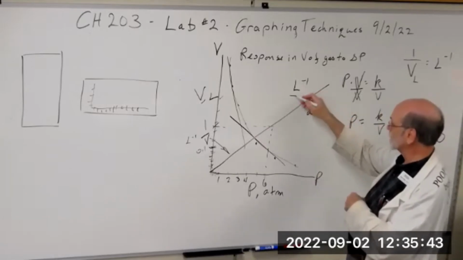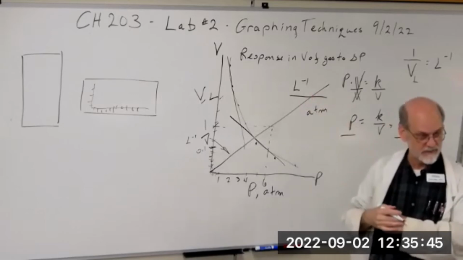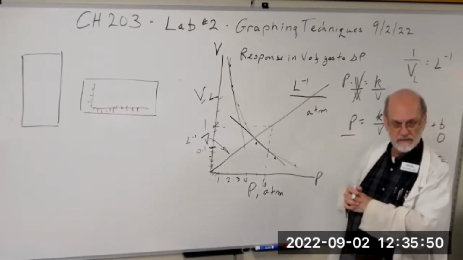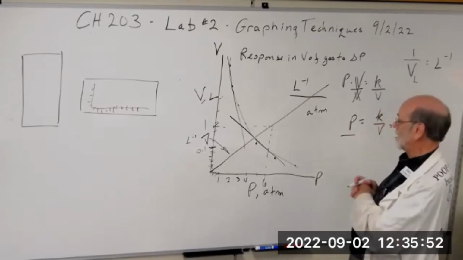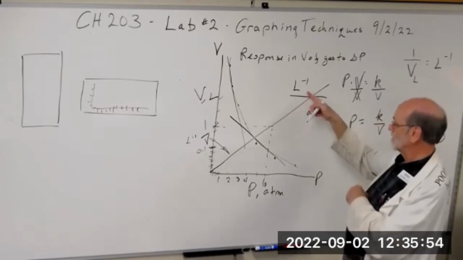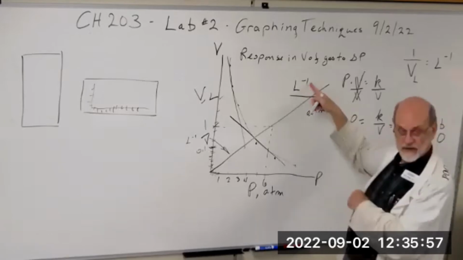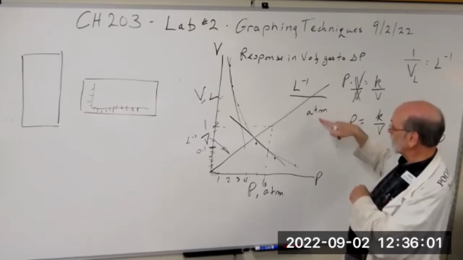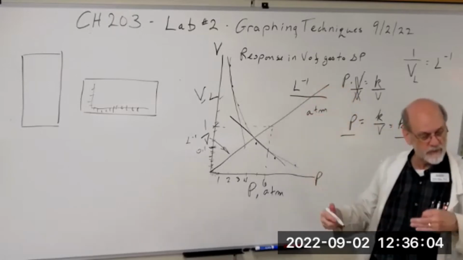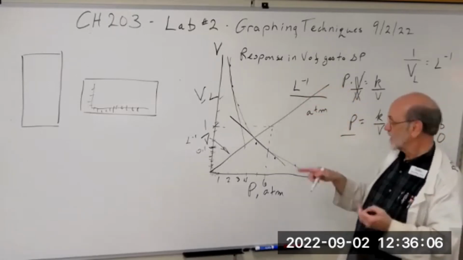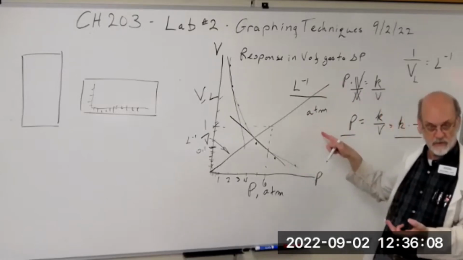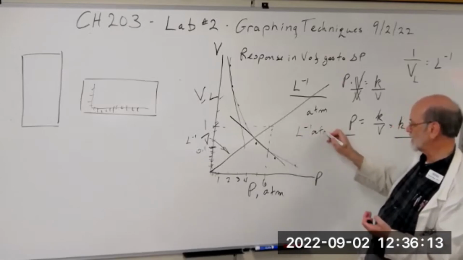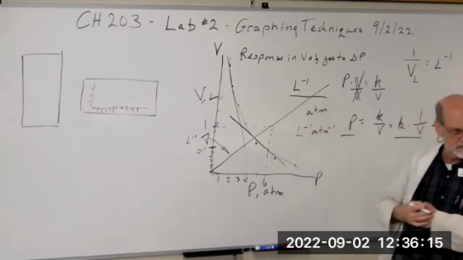So this divided by that are the units. But what does that mean? That means that this is a reciprocal here, but if we pull it up here, if you move from the denominator to the numerator, you change this to a reciprocal. So we would say liters to the 1, atmospheres to the -1.